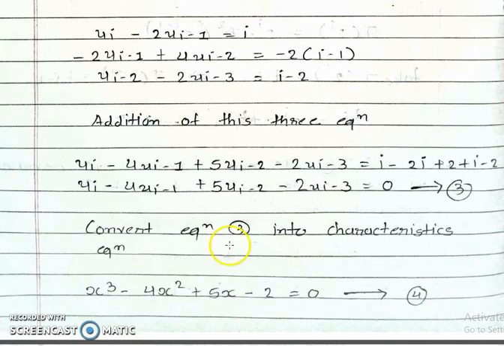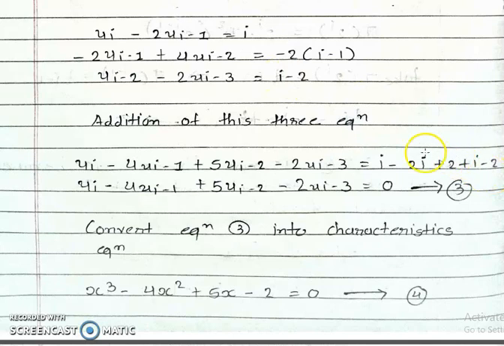The addition of these three equations and we get the final equation: u(i) - 4u(i-1) + 5u(i-2) - 2u(i-3) equal to, on the right-hand side we take the addition, so we get i - 2i + i + 2 - 2.